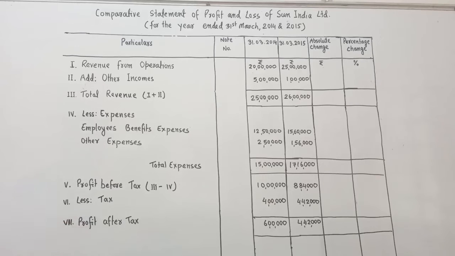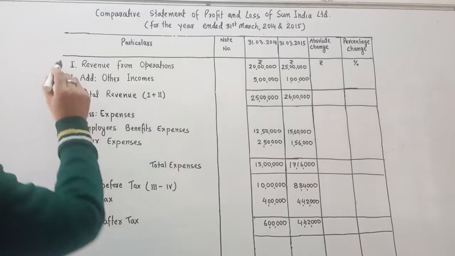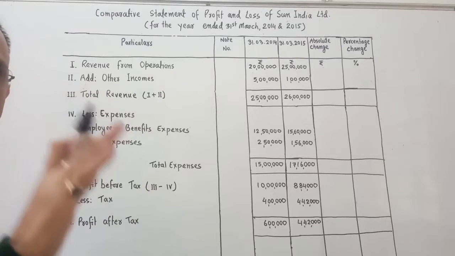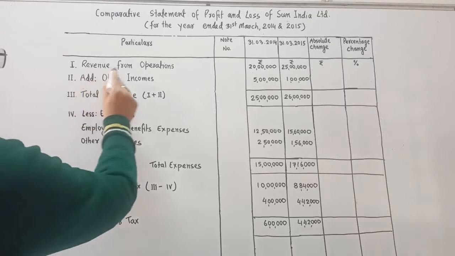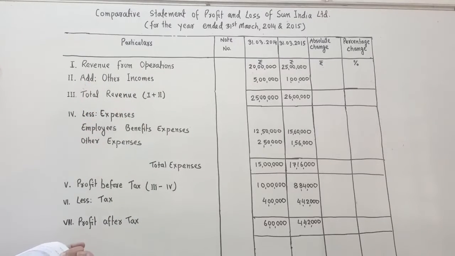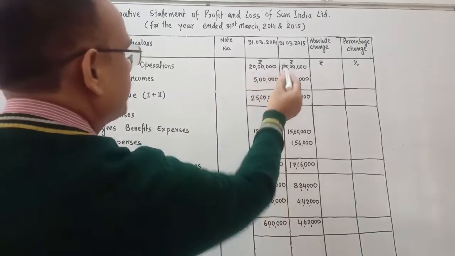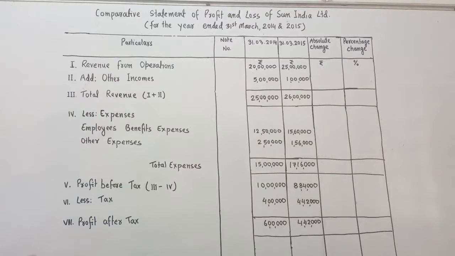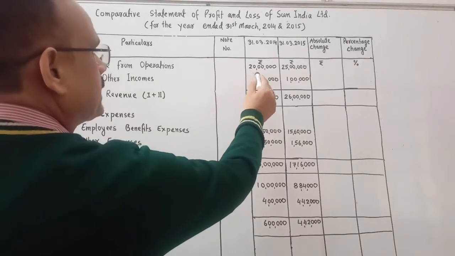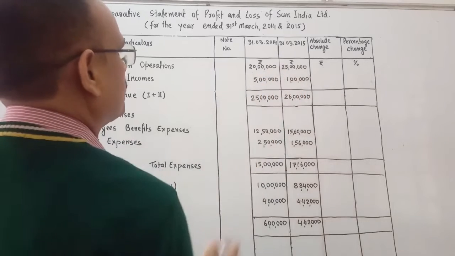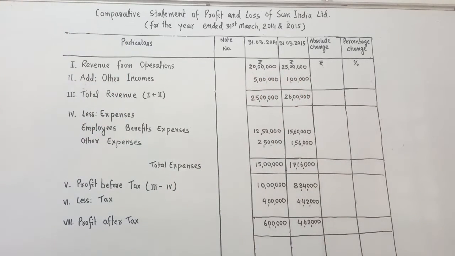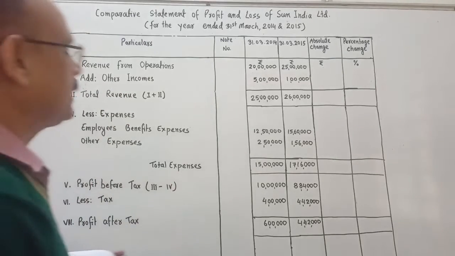Now the first one is revenue from operation in a very prescribed format. Revenue from operation is given in the question as 20 lakhs and 25 lakhs respectively. In 2014 it was 20 lakhs, and in 2015 it is 25 lakhs. Other income, we will add the other income.